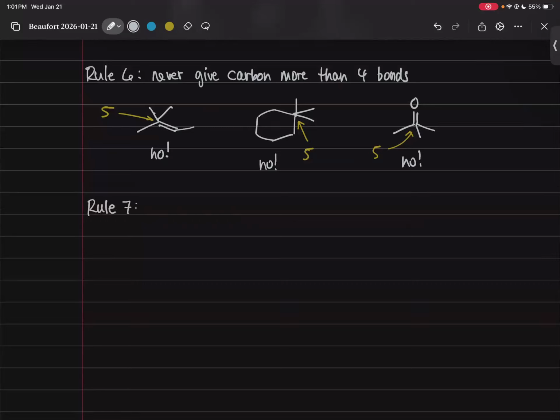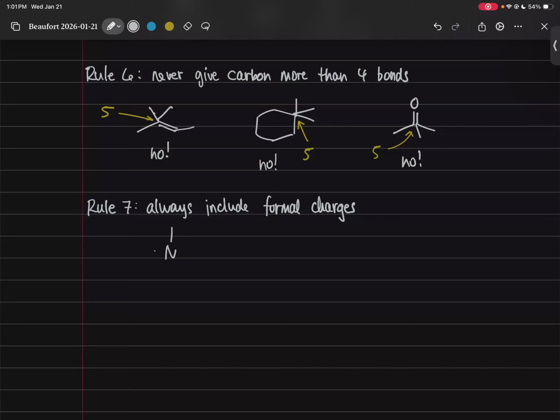Okay, sorry, this is rule 7 out of 7, the last one. And that is, of course, always include your formal charges. Again, not just for skeletal structures, but for any chemical structure ever.